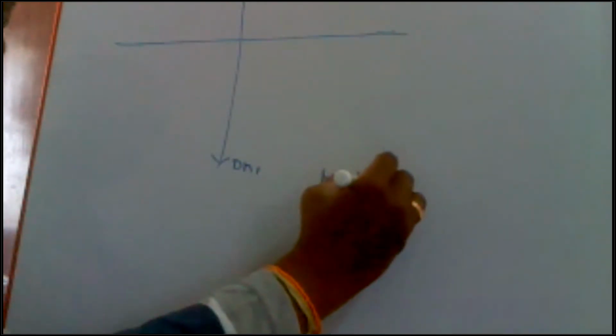எப்படி பண்றோம்னு பார்க்கலாம். I will be taking a graph wherein this is dn2 because I am taking medium 1 at the bottom, medium 2 at the top.